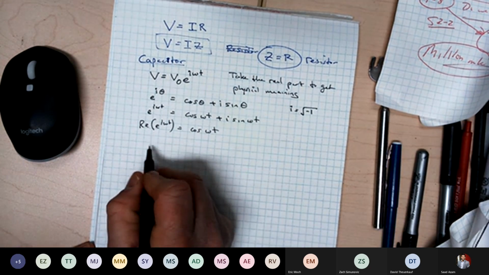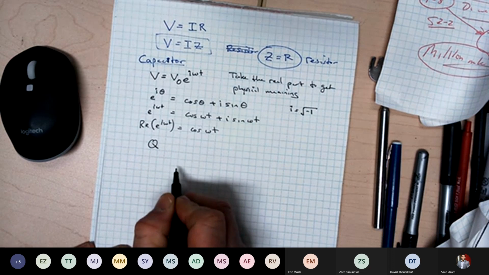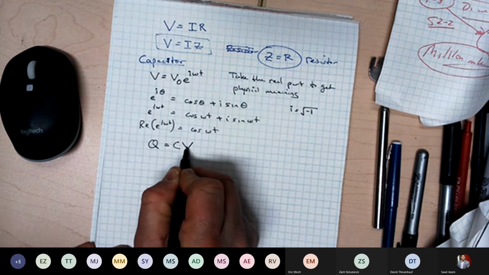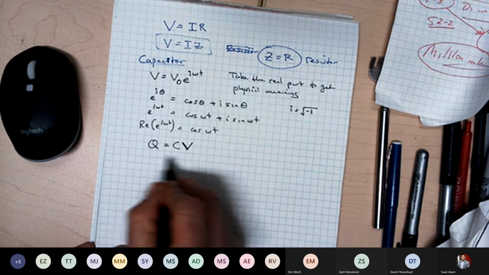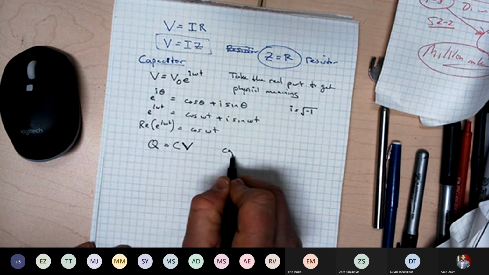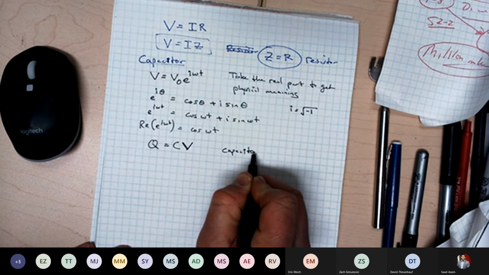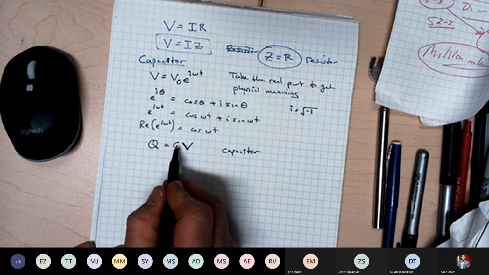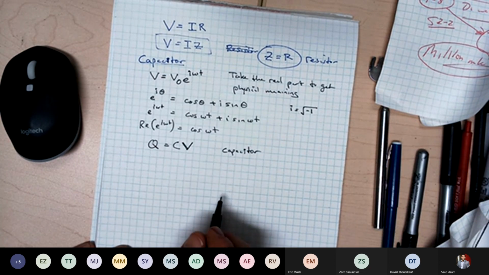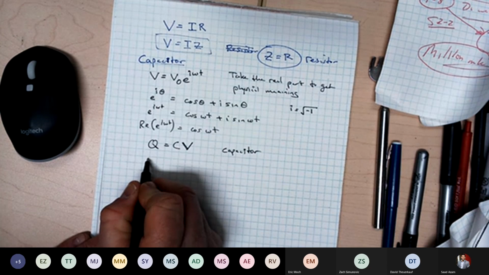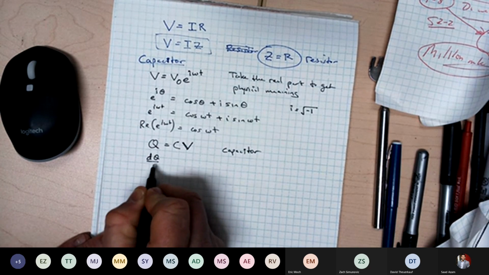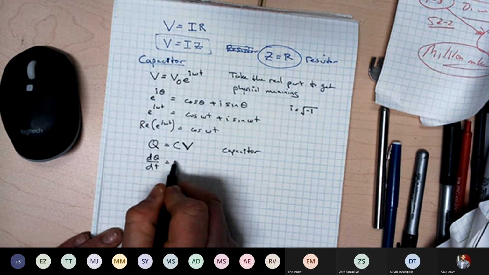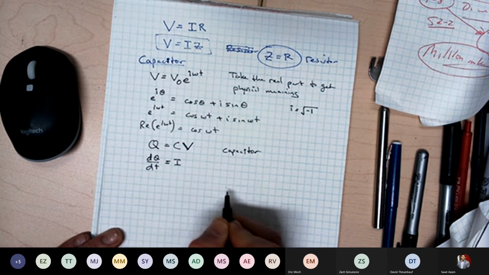So then a capacitor: the charge on a capacitor is equal to the capacitance times the voltage. That's what a capacitor is. If you increase the voltage, you increase the charge linearly, and the proportionality constant is what we call the capacitance. So dq by dt, the derivative of charge with respect to time, is the current in a circuit.